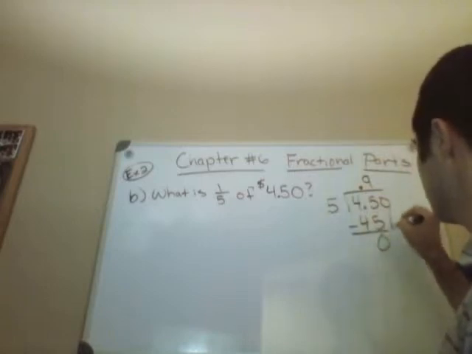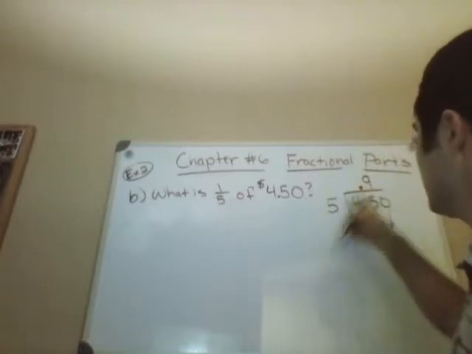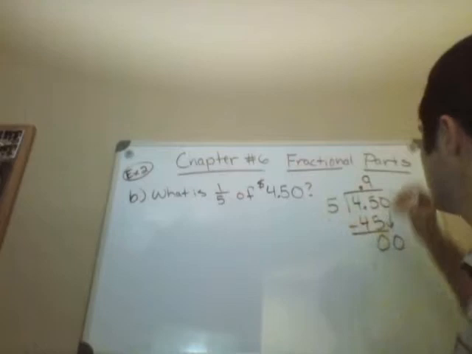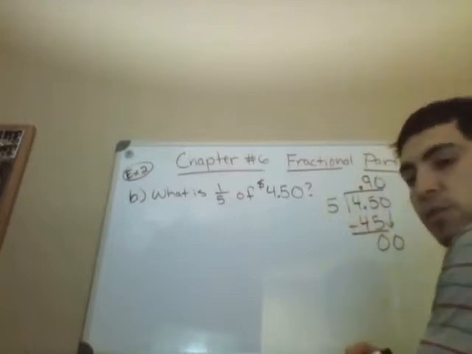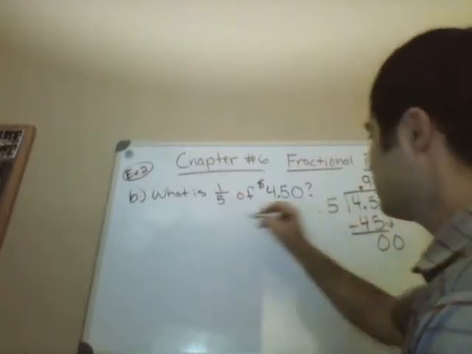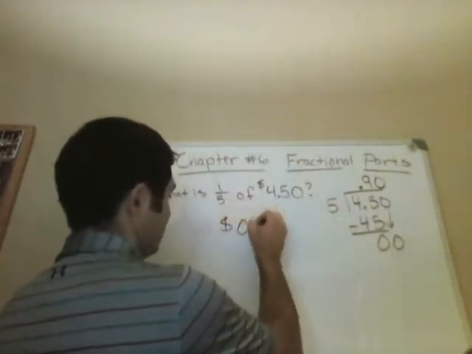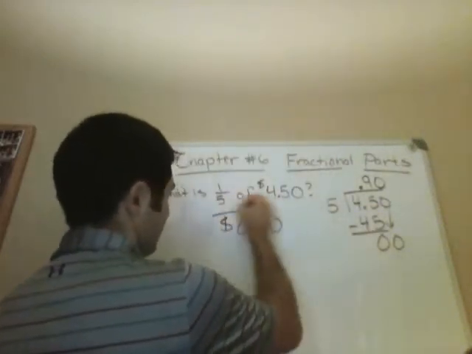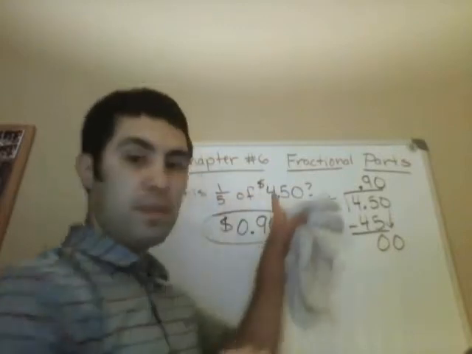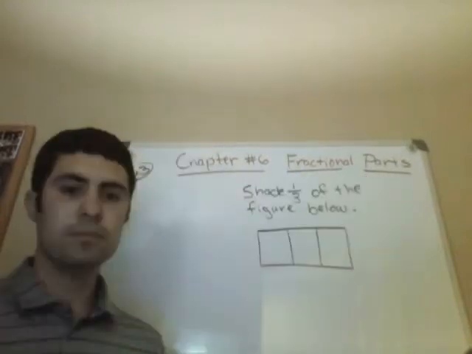Subtract. Bring your 0 straight down. 5 will go into 0 0 times. So 90 cents is your answer here. One-fifth of $4.50 is 90 cents.